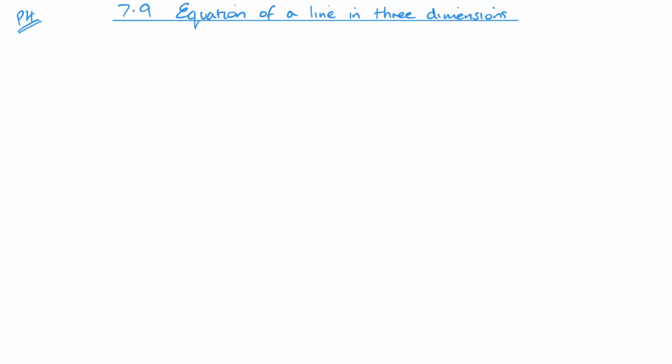So, imagine we have a straight line that is passing through a point that we know. And it's going to go towards some point R, which is along here somewhere, okay?